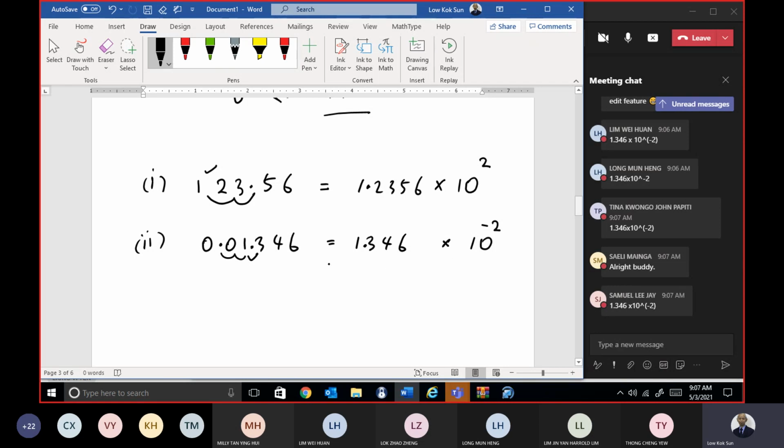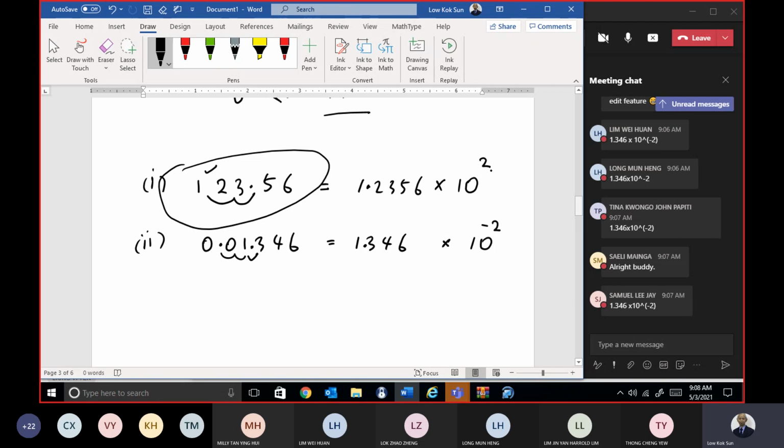But in short, now look here carefully so that we will not make careless mistakes. If you see the original number is more than 1, automatically the power is positive.